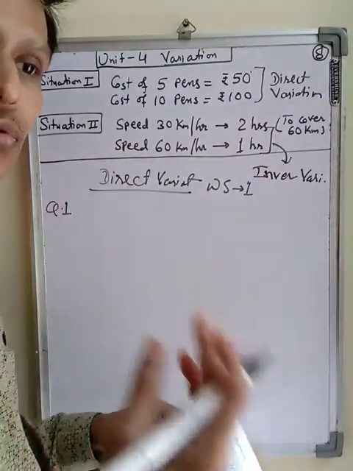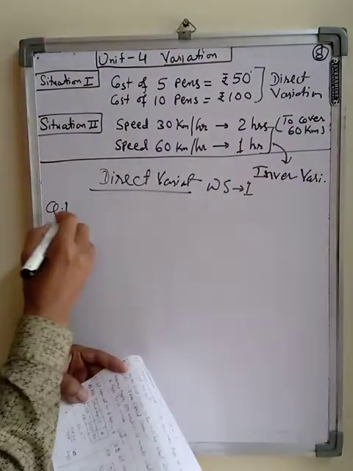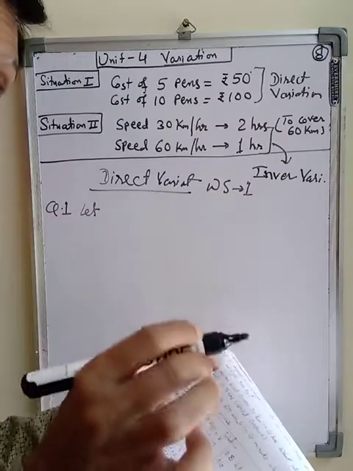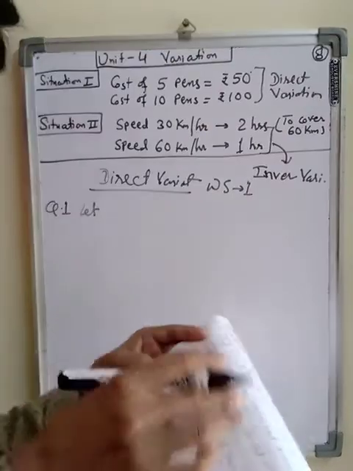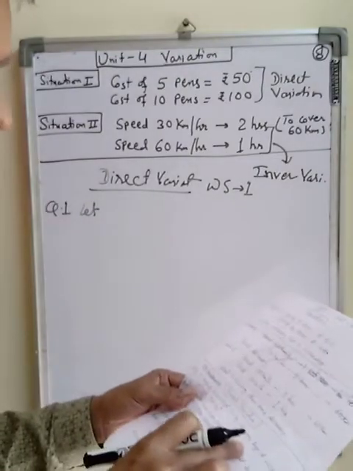Now I am teaching you how to solve questions of direct variation. In question number 1, first of all we will write the unknown quantity which the question asks as x. Question number 1 asks how many bags.